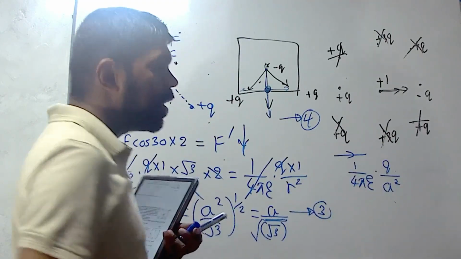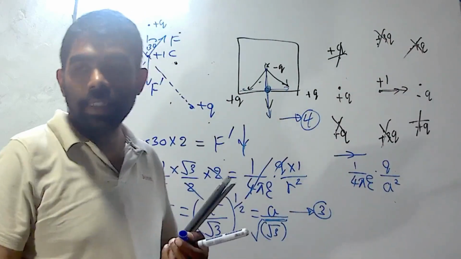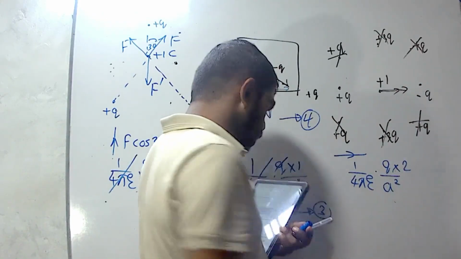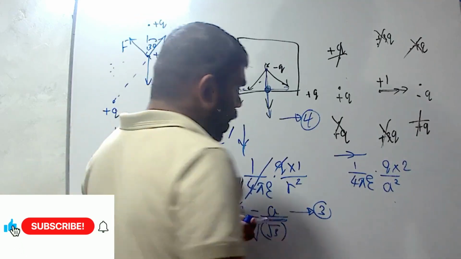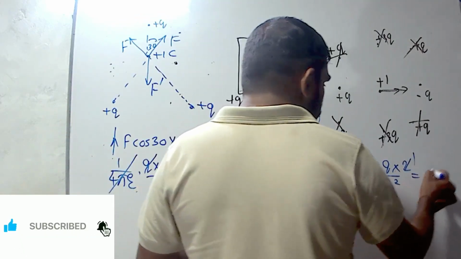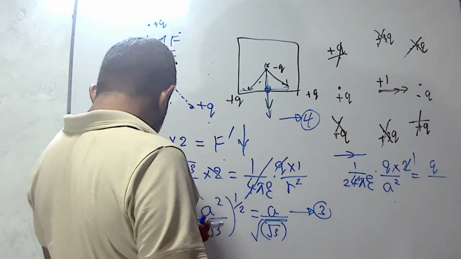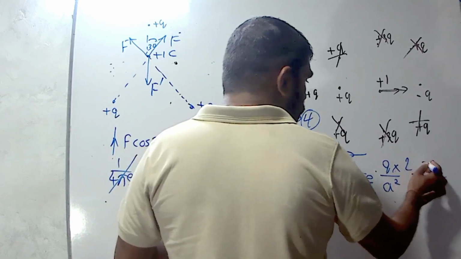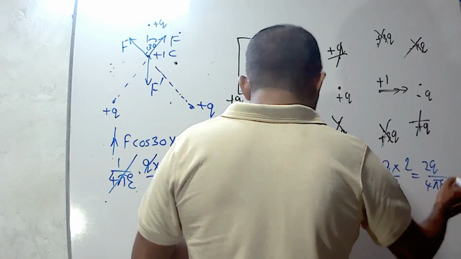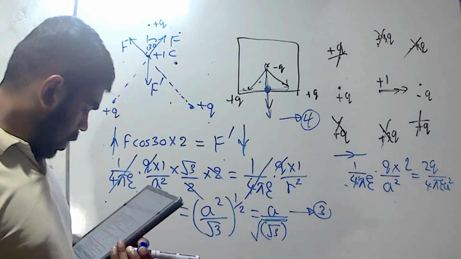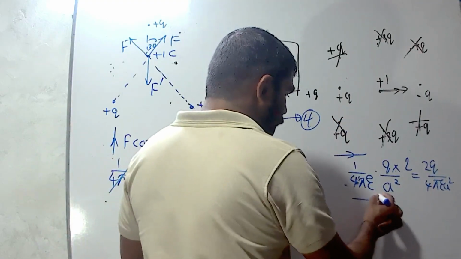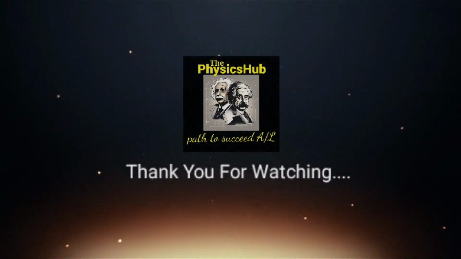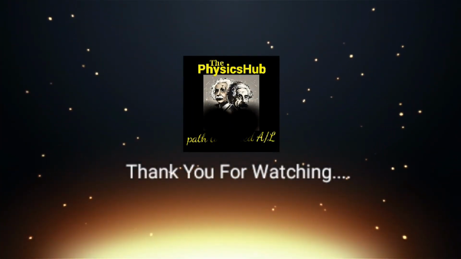This field intensity is due to this positive charge, and there is another field due to this one, of the same magnitude. We have to multiply by 2. Then we can cancel out 2 divided by 2. They have given the answer multiplied without cancelling: 2Q over 4 epsilon A squared, in this direction. Then the answer is 1.